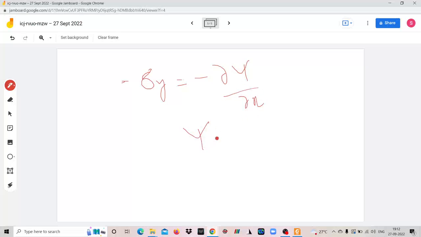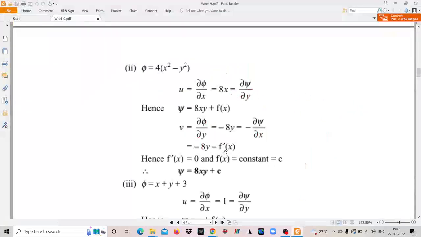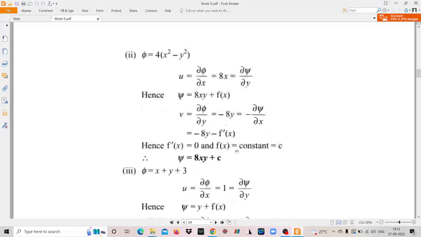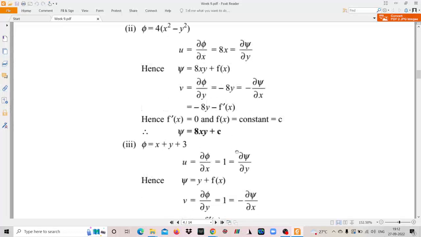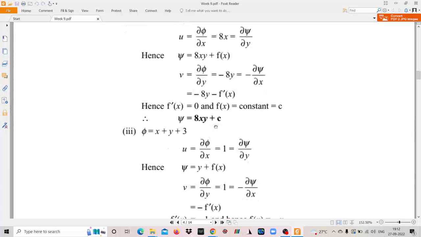So psi will be 8xy plus some function of y, because we are integrating with respect to x. Now we can see that in both these expressions 8xy is common, so psi is 8xy plus c.